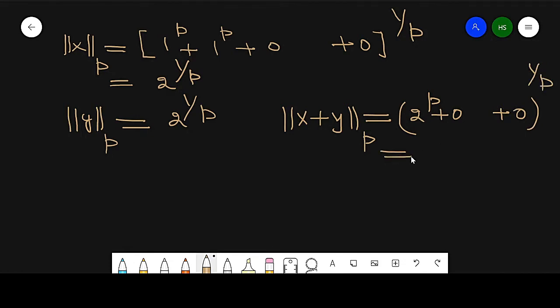So this is 2 raised to power 1 by p. Similarly, the norm of y with respect to p is again 2 raised to power 1 by p. The norm of x plus y with respect to p is 2 raised to power p plus zeros, raised to power 1 by p, which is 2. Similarly, the norm of x minus y is also 2.